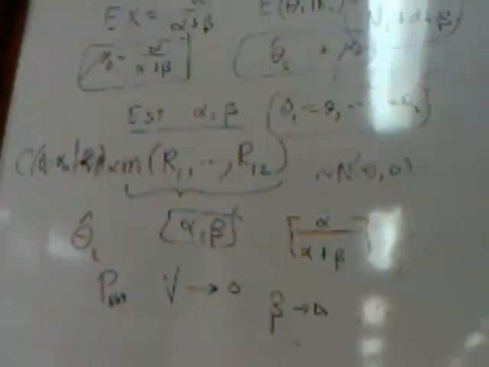So the Bayesian and the empirical Bayes estimates are just that all of the theta hat i's are the same. And how to estimate? Well, we just combine all of the data.